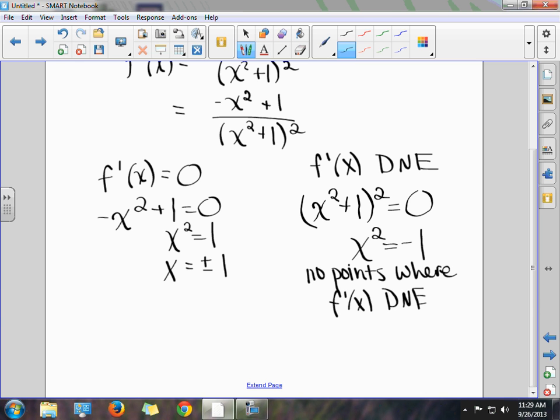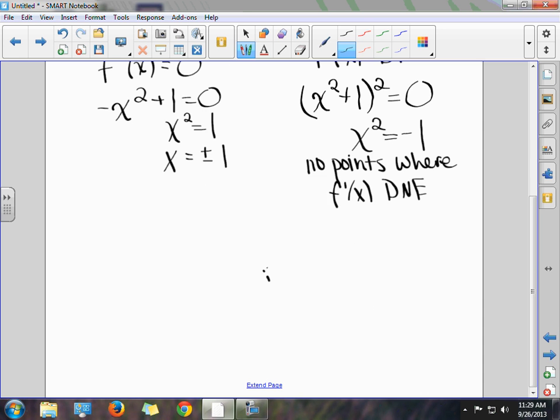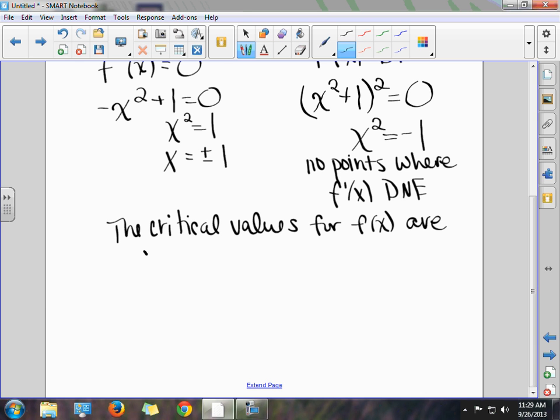You always need to check, though, if you will have issues in the domain of f prime. So now we just want to write our statement. The critical values for f of x are at x equal positive 1 and x equal negative 1.